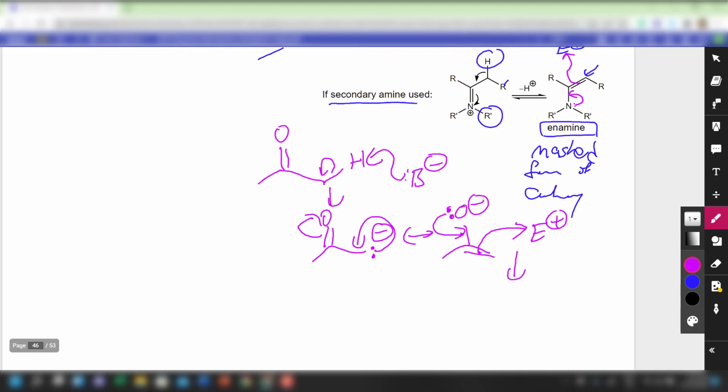In the process, I'm able to form something like this. So that is how, in the presence of a carbonyl group, I can potentially make the alpha carbon nucleophilic.